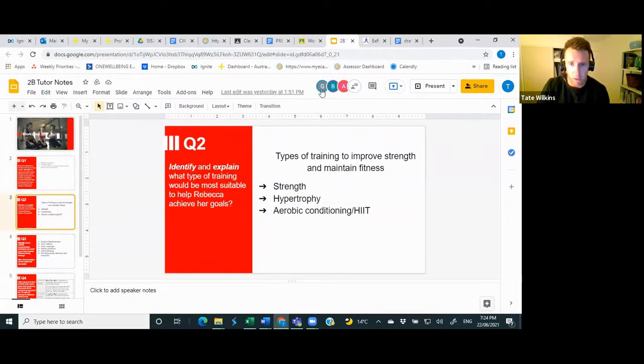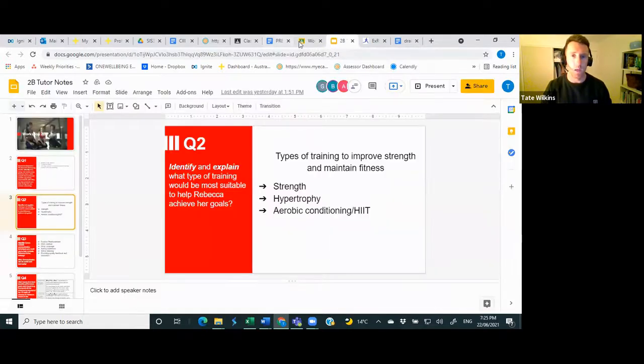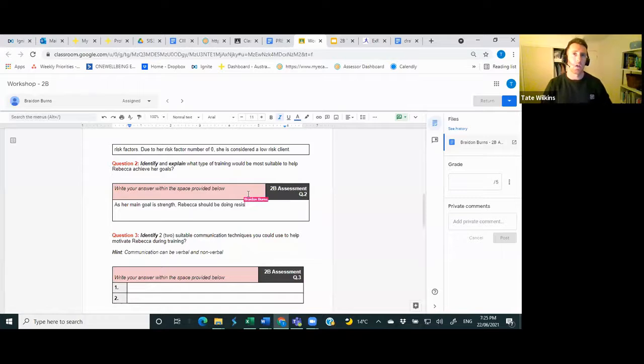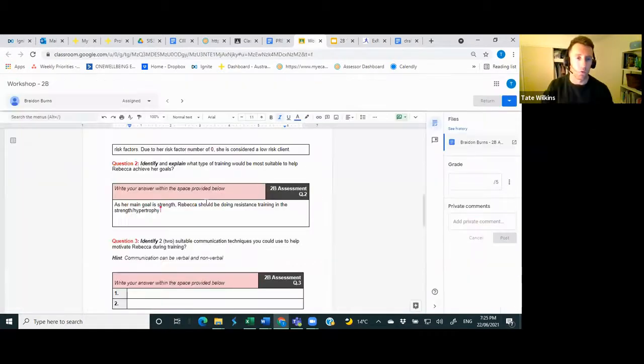So write down: as Rebecca's main goal is strength, Rebecca should be doing resistance training in the strength/hypertrophy zones. There's always an overlap as well, as we know, between zones or categories.